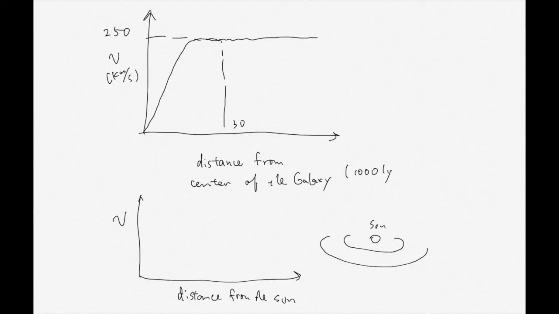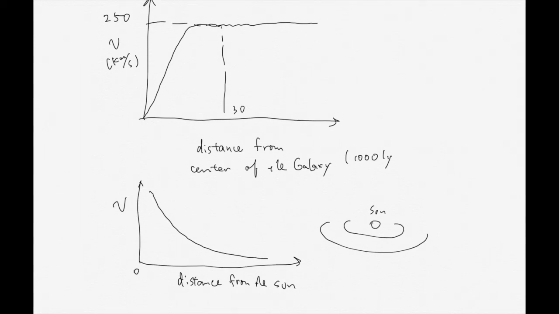Then the orbital speed of the planet is actually decreasing with increase in the distance from the Sun. So we have very different orbital speed curves in the case of the galaxies and in the case of the solar systems.